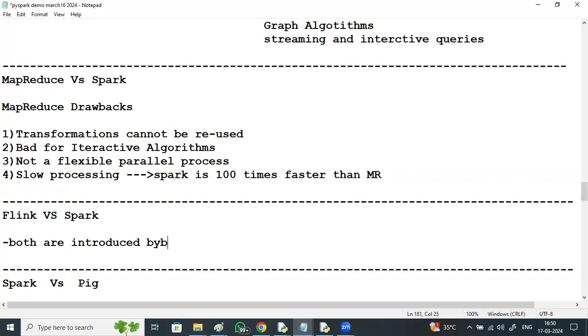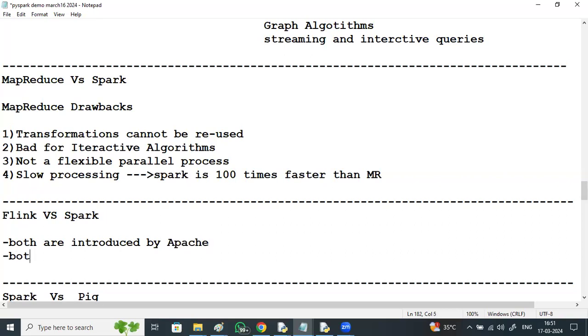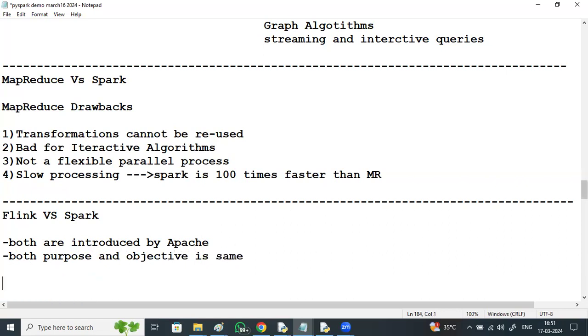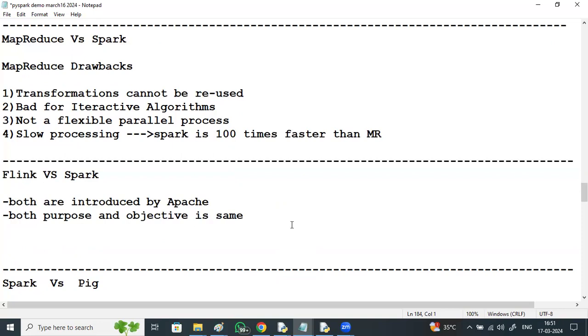Both were introduced by Apache only. Both purpose and objective are the same.